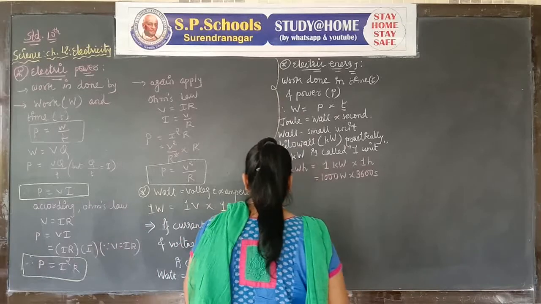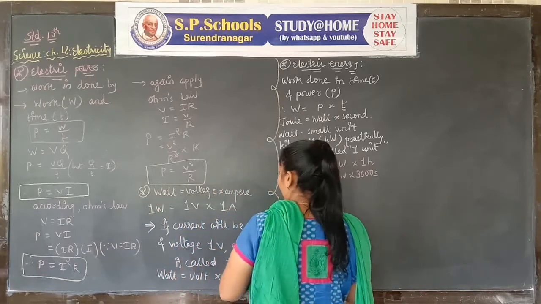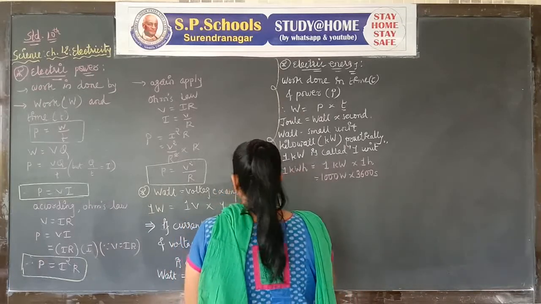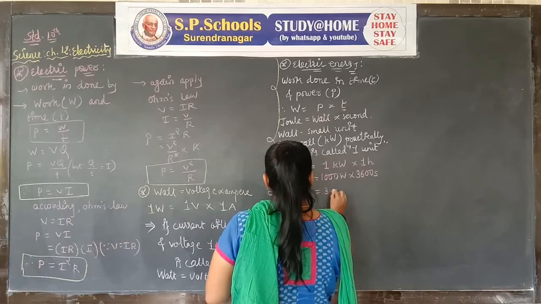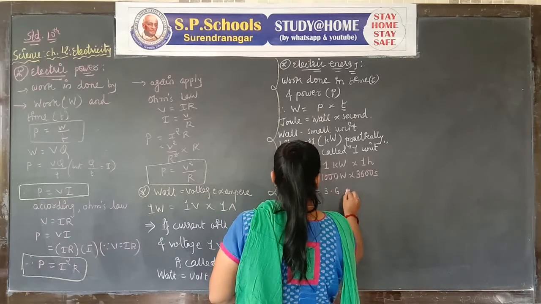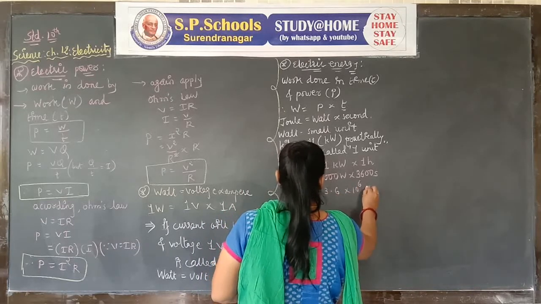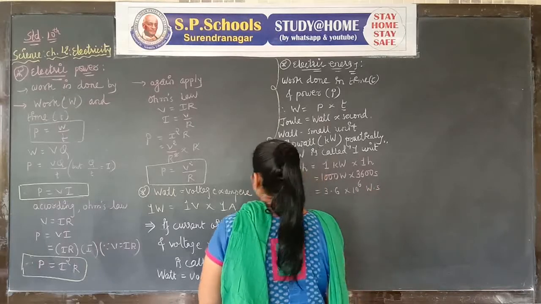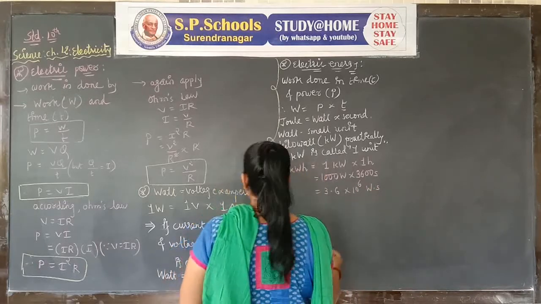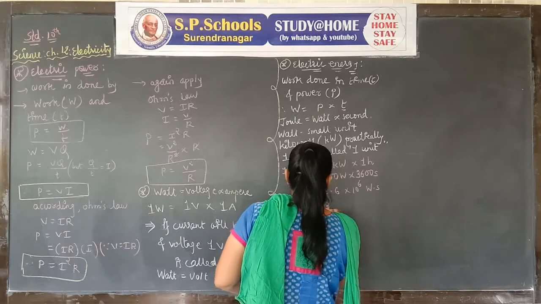When we calculate, it is 3.6 into 10 raised to 6 watt into second, and watt into second means joule.